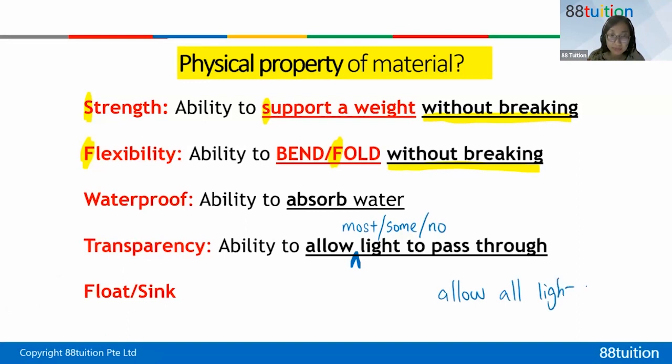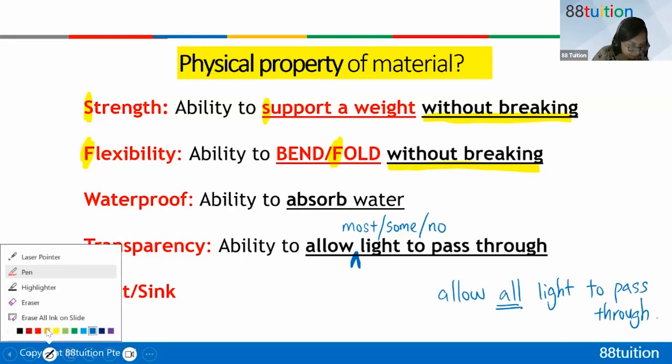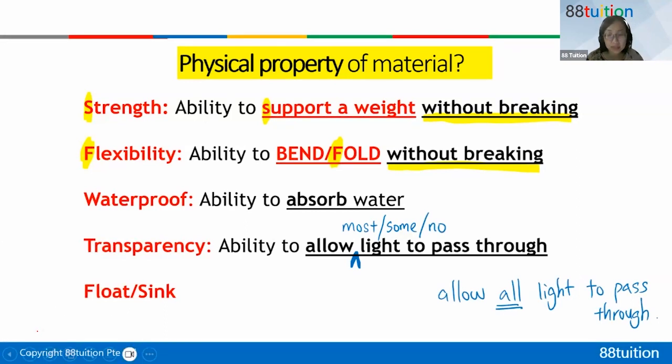Can or not? Can you unmute yourself, please, or type into the chat? Can I say a material allows all light to pass through? Yes or no? Thank you, Gisli. Nonsense, never write allow all light to pass through. If something allows all light to pass through, it's invisible. You cannot even see it with your eyes. It's like a ghost.